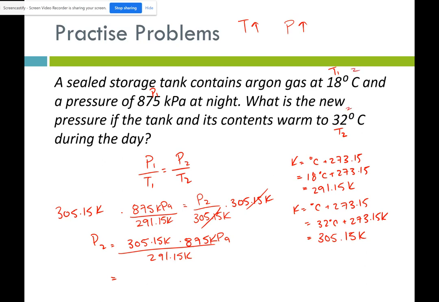Both of the temperatures have 2 and the pressure has 3. So I'm going to report this to 9.2 times 10 to the 2 kilopascals, which is about 920 kilopascals, which is bigger than 875. So I can have confidence that my answer is correct, or I haven't made a silly mistake in my math.